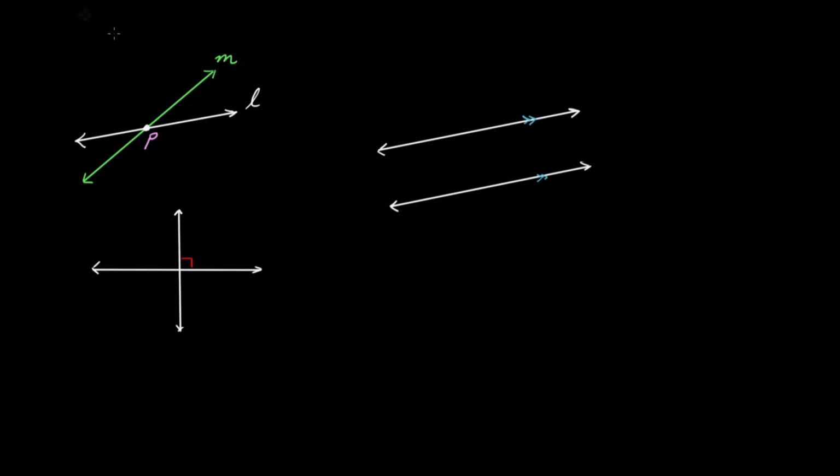So lines that are tick marked in a similar fashion are known to be parallel. You don't use congruent tick marks like that, so that doesn't make any sense. But you use one tick mark like this to suggest these two lines are parallel, or two tick marks like this to make sure everybody sees that those two lines are parallel.